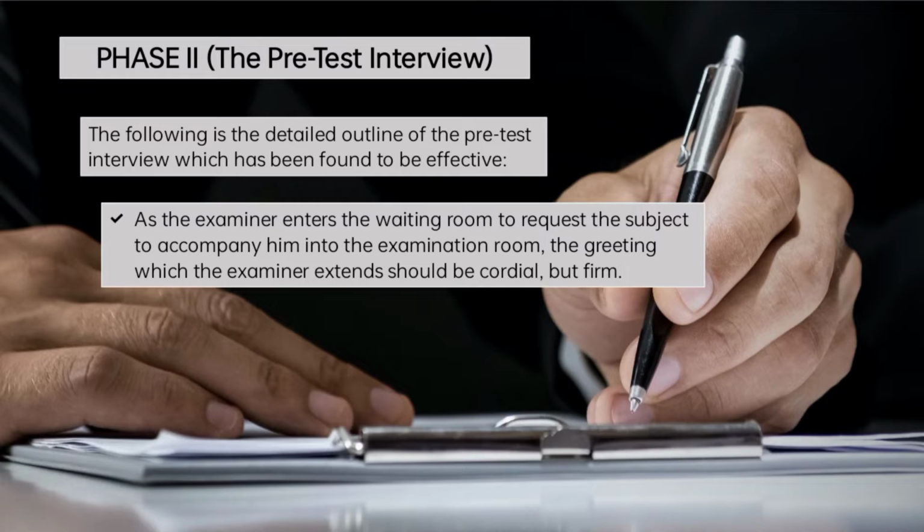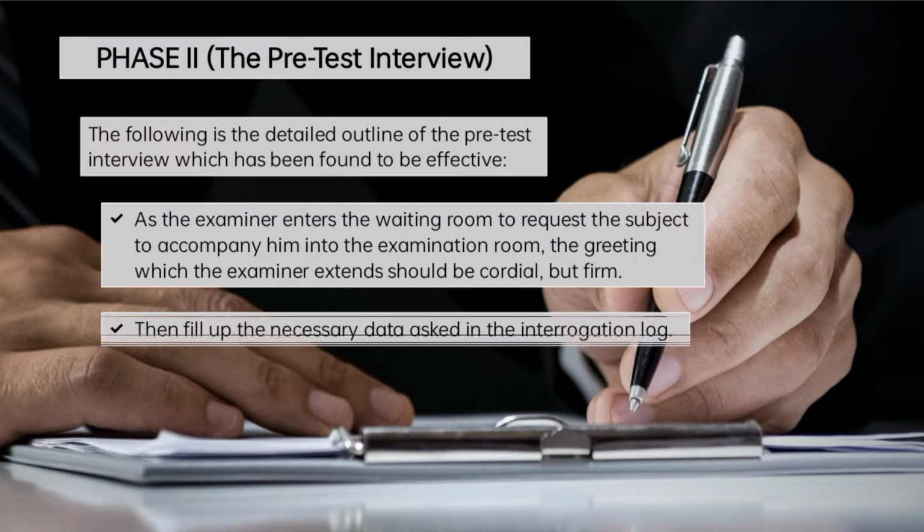As the examiner enters the waiting room to request the subject to accompany him into the examination room, the greeting which the examiner extends should be cordial but firm. Upon entering the examination room, the subject should be requested to sit down in a chair alongside the instrument, and immediately thereafter, the examiner should proceed with the taking of consent of the subject.